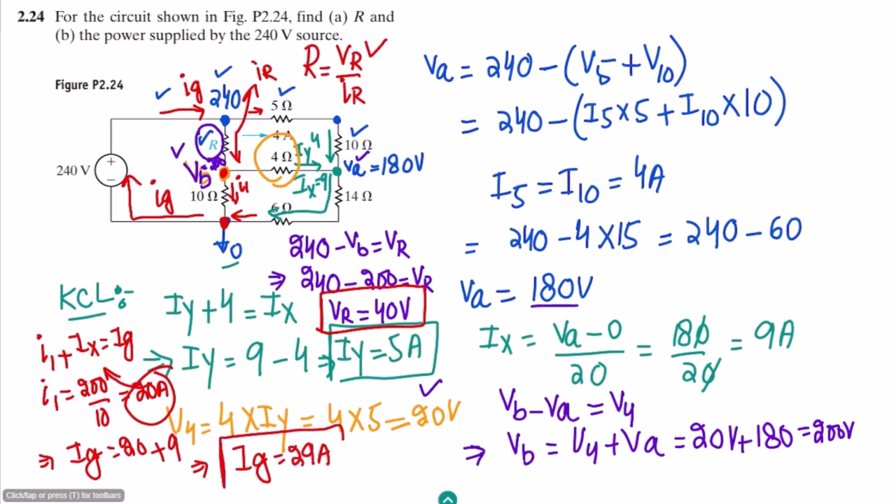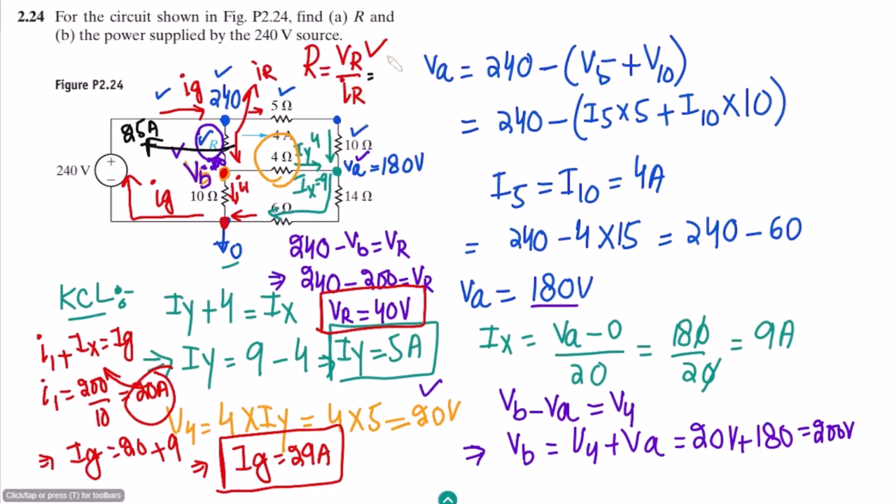So this is Ig. 4 amperes is coming towards this 5 ohm, and the remaining one will be flowing through this R. Applying KCL, we will very easily find the current through it, and that would be 25 amperes. So the value of IR is 25.